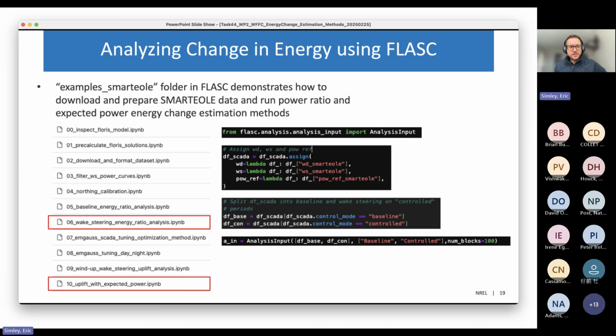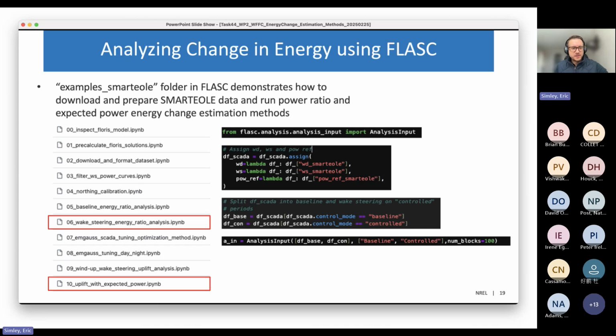There's an examples folder in the repo called example SMARTEOLE, and this uses that open data set from the SMARTEOLE experiment. We have this sequence of notebooks you can run. Notebook 2 shows how to download this data set from Zenodo and format it.